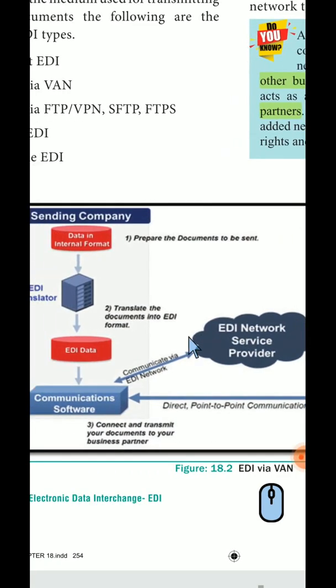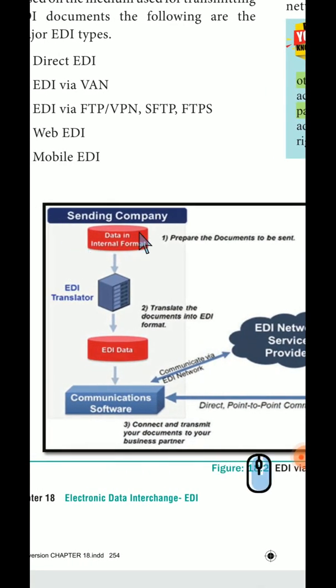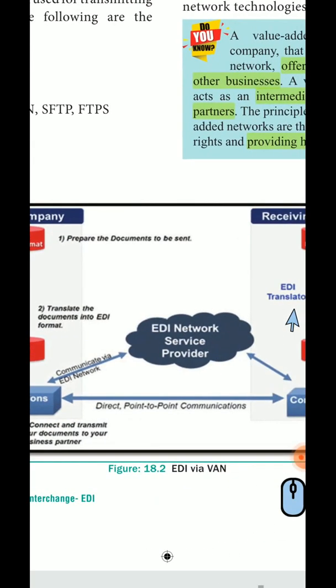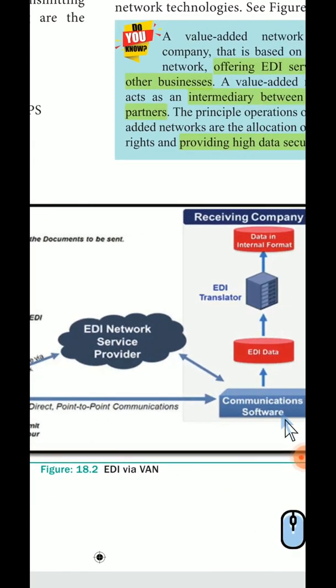And here the sending company will request the purchase order, it will be transmitted by this network service provider, and by using the communication software and the translator, this data will be converted to EDI data, and at last it will be received in this receiving company's internal EDI structure.